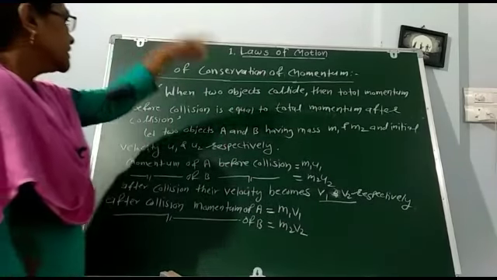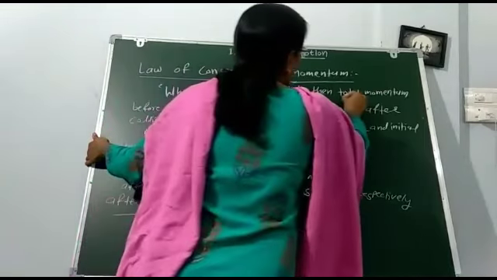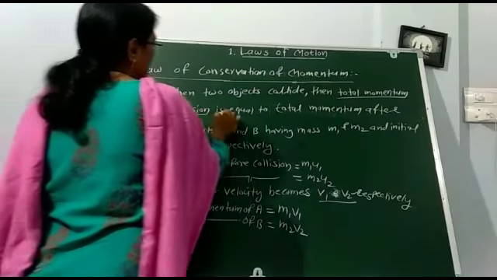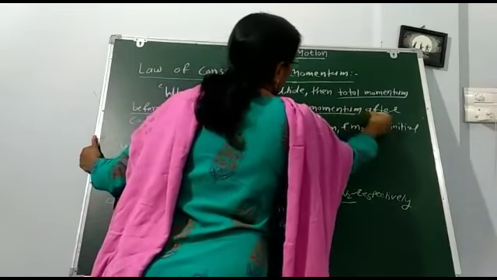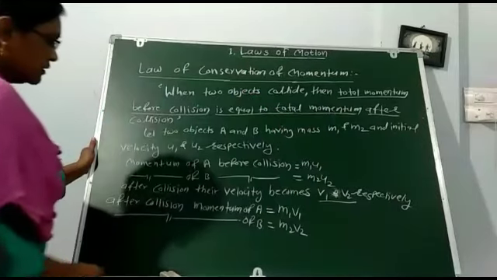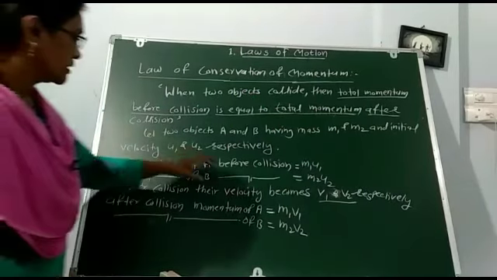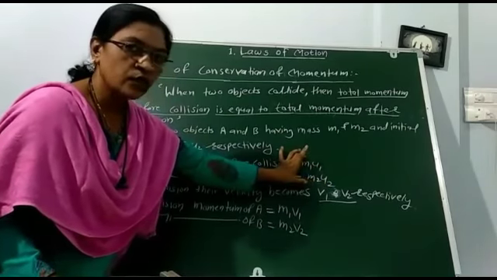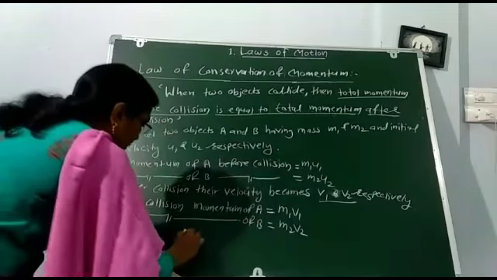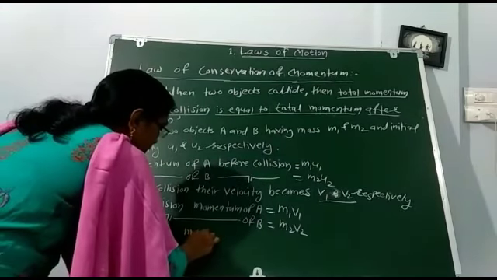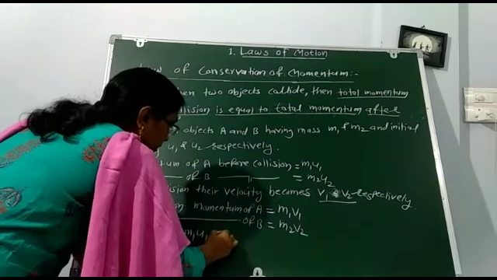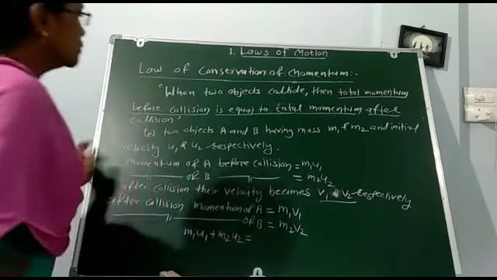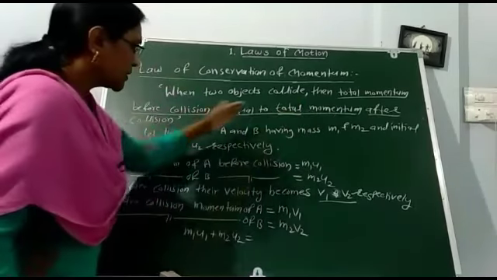Now by this statement, total momentum before collision is equal to total momentum after collision. So total momentum before collision will be, of A it is m1 u1 and of B it is m2 u2, so the total will be m1 u1 plus m2 u2, equal to total momentum after collision.